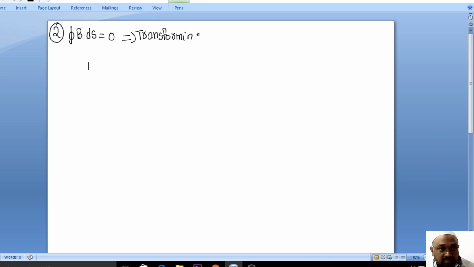Now we are transforming the surface integral into a volume integral.